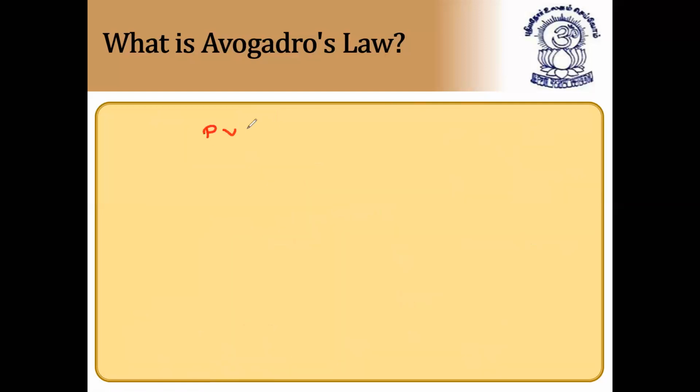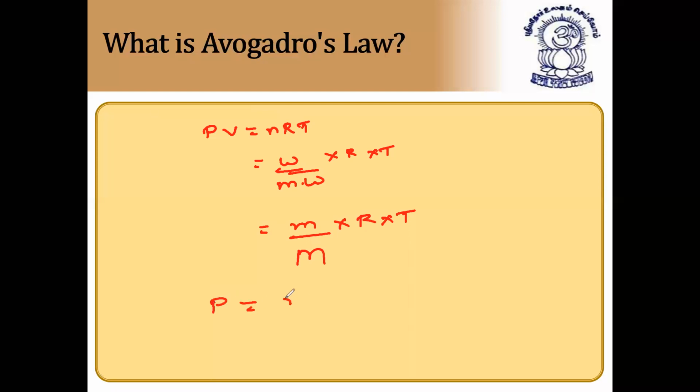Since PV is equal to nRT, n is equal to weight by molecular weight, small m by capital M, into R into T. So you can write P is equal to small m by V into 1 by capital M into R into T.